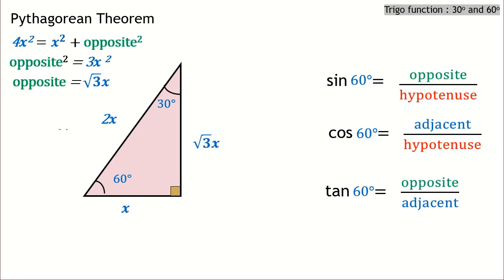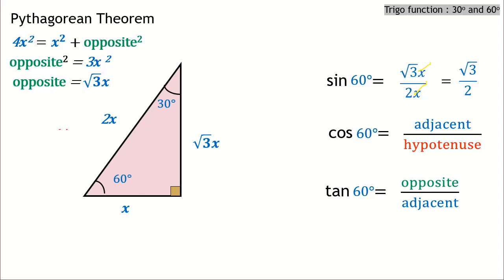So now is the time for us to find the sine, cosine and tangent for 60 degrees. Since sine 60 degrees is opposite over hypotenuse, we have root 3 x over 2x. We simplify it, so we have root 3 over 2.